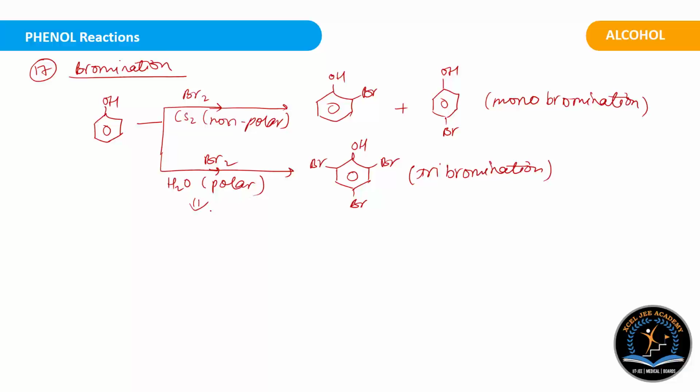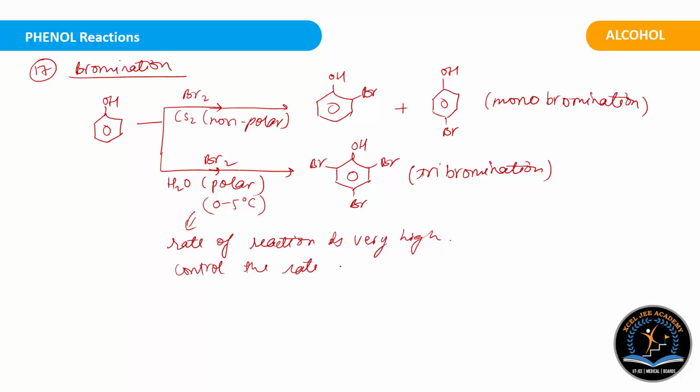Therefore, in order to control this one, the temperature range which is provided is 0 to 5 degree Celsius. Mention this one, that the rate of reaction is very high. Therefore, to control that rate, the temperature is reduced to 0 to 5 degree Celsius.